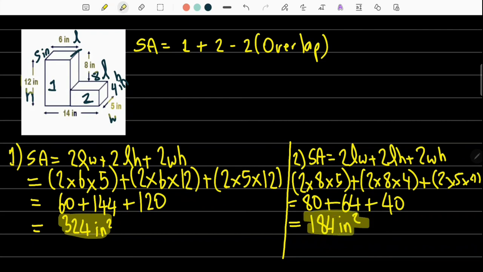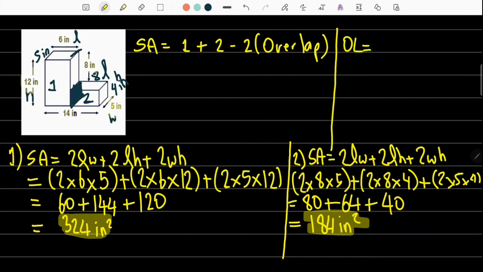Now the next thing we have to find is the area of the overlap, which is right here. You see this part here, this will be our overlap. We have found it twice, and we do not need it. So let's find the area of our overlap. I'll write it as OL, which is overlap.